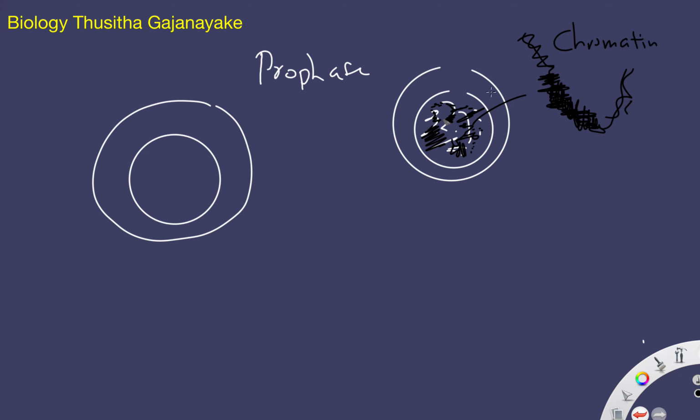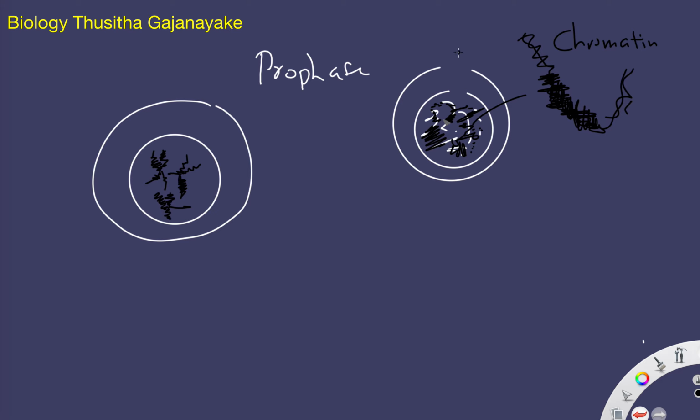This chromatin is spread all over the nucleus in light areas and dark areas, like clouds. So we can't see a very clear appearance of chromosomes. But in prophase, we can see a clear appearance of chromosomes like this. This is due to condensation of the chromosomes.